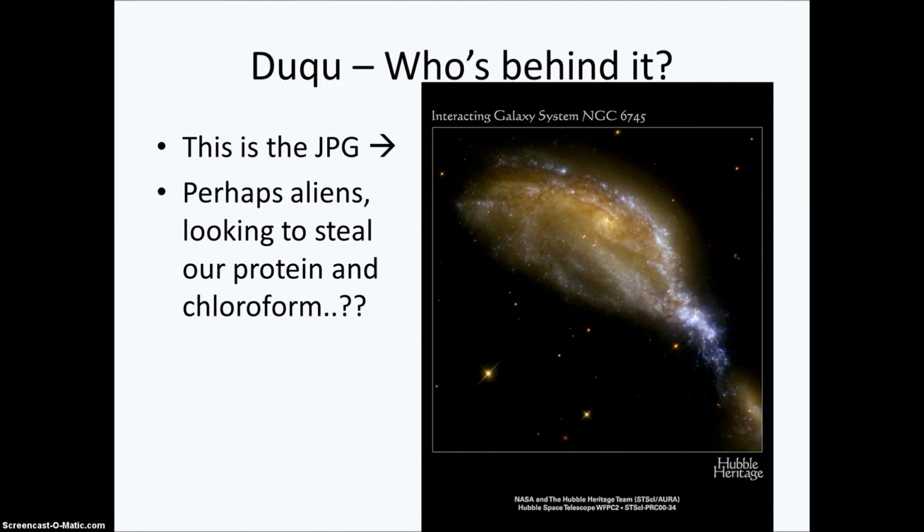So maybe the people behind Duqu are aliens who are looking to steal our protein and chloroform, and they're performing some recon before they come in and attack. I'm kidding, but seriously. No, really, I'm kidding.